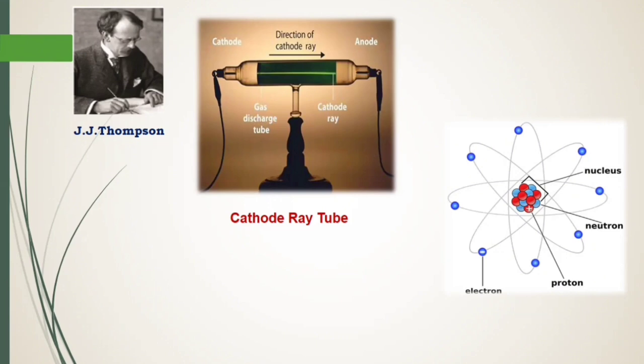That means this nucleus contains two different types of particles. They are protons and neutrons. Together we call these the nucleons. So what is present within the nucleus? Nucleons. Protons are positively charged, while neutrons have no charge.